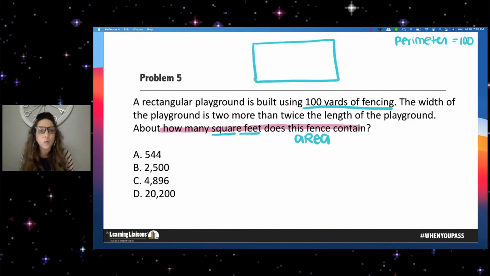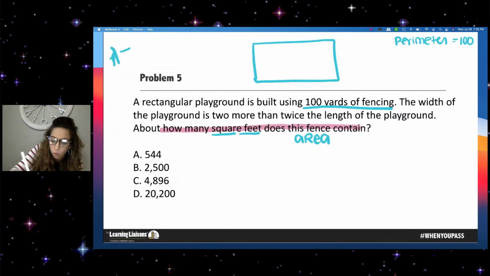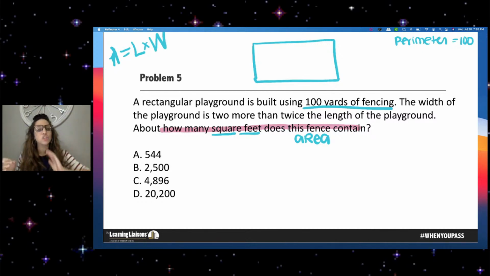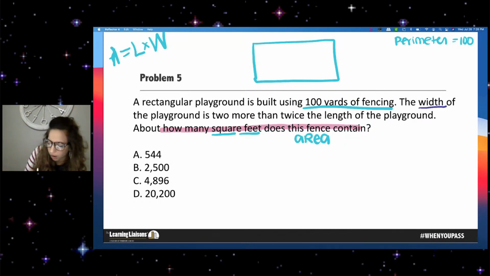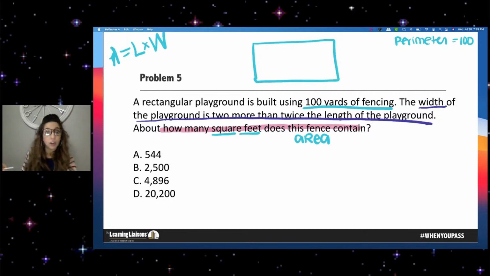Problem: we don't know what the length and the width is, and area equals length times width. But what information did they give us? They told us that the width of the playground is 2 more than twice the length of the playground. That right there is going to cue us in to what we can do to find this perimeter.